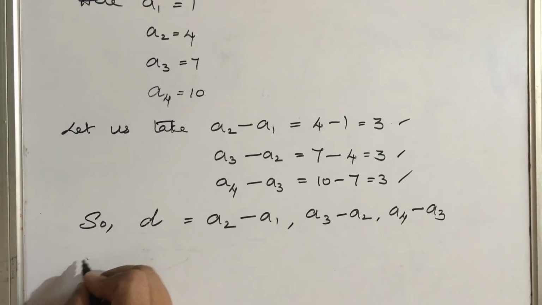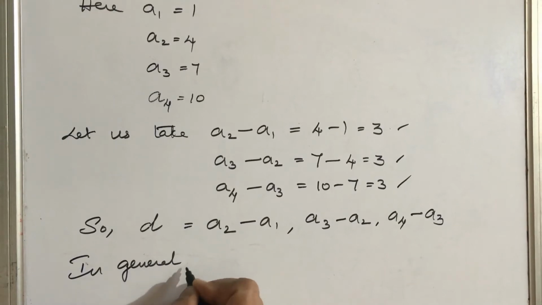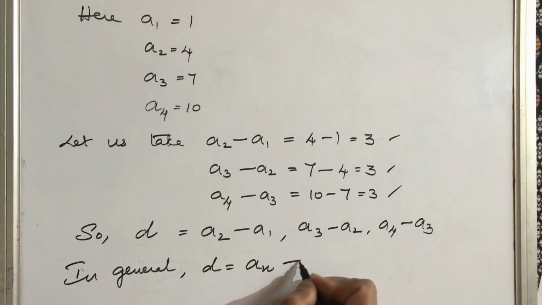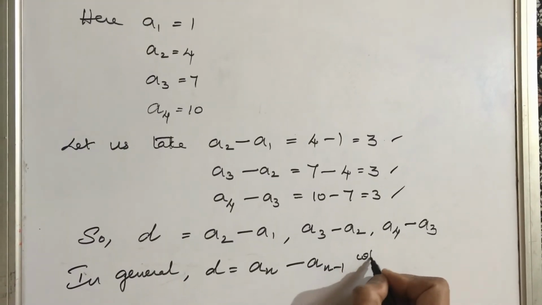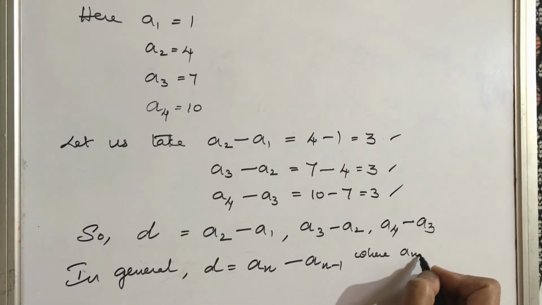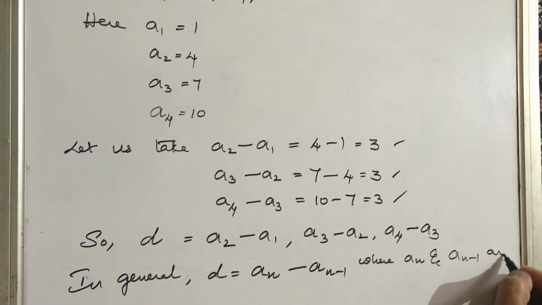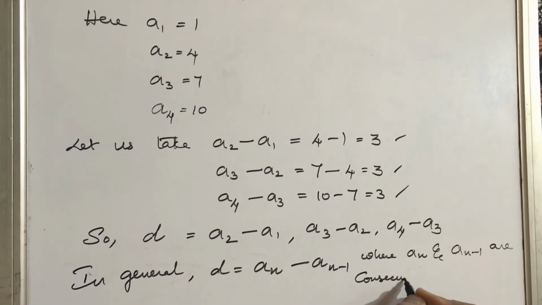In general we can write this D as an minus a(n-1), where an and a(n-1) are consecutive terms.